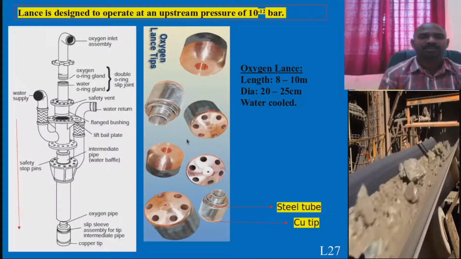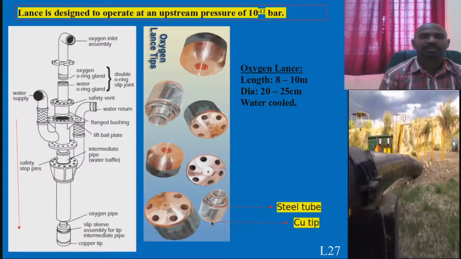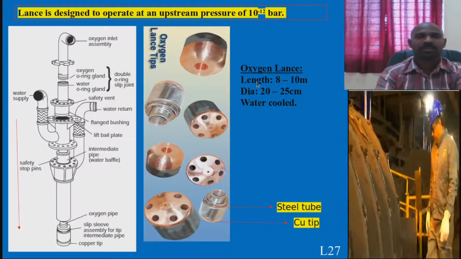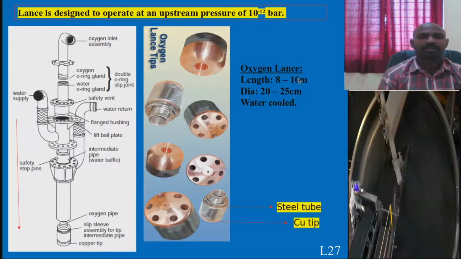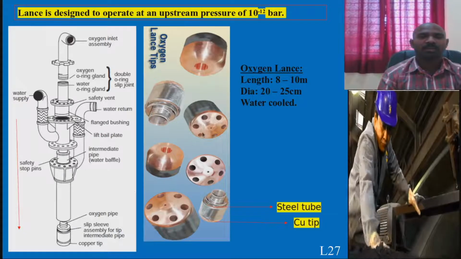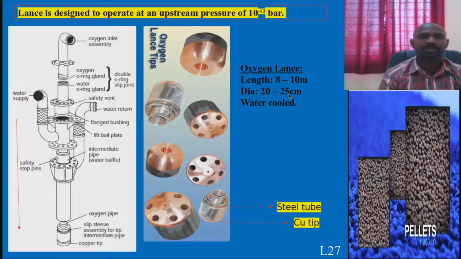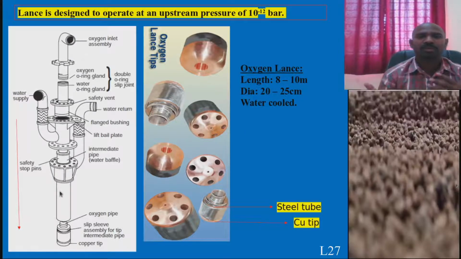The outer cover is made of steel tube, the inner one is a copper tip. The length of this oxygen lance may vary from 8 to 10 meters from top to bottom. The diameter of each nozzle is 20 to 25 centimeters, and there is a provision of continuous cooling to this tube.